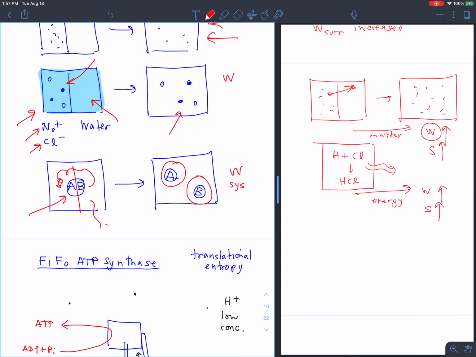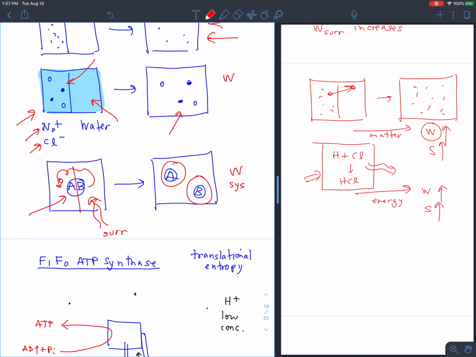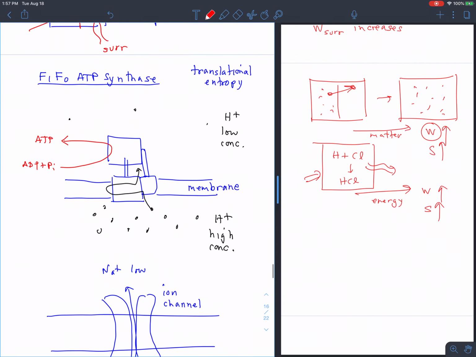We may have had to put some energy in from the surroundings to do that. That was the example, case 2, that we talked about last time. But as far as the system alone is concerned, the number of microstates increased, and therefore the entropy of the system alone increased.